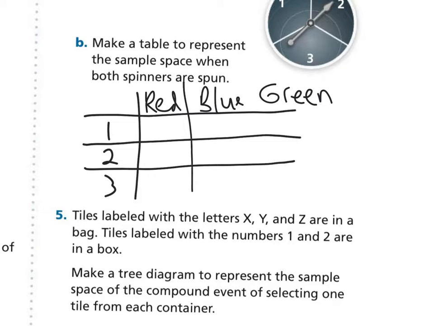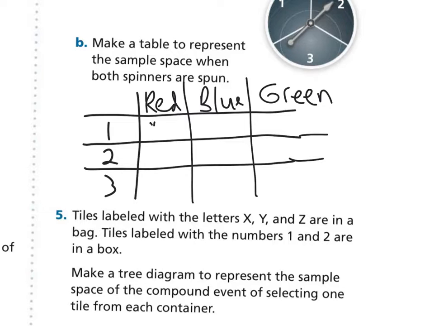Somewhere on our table we should actually spell out the words red, blue, and green so that if somebody's just looking at this they can tell exactly what's happening. Once we've done that, now we can abbreviate since it's on our table. This is kind of like what you've done before. You've seen multiplication tables and things. That's kind of the same idea.